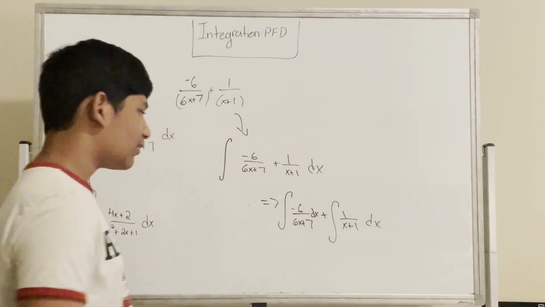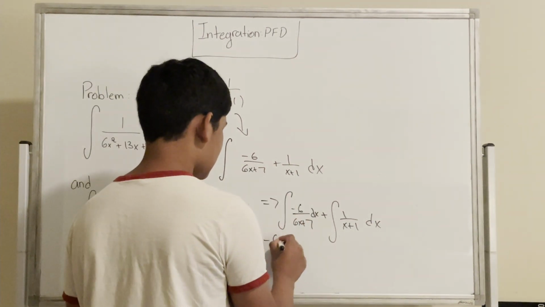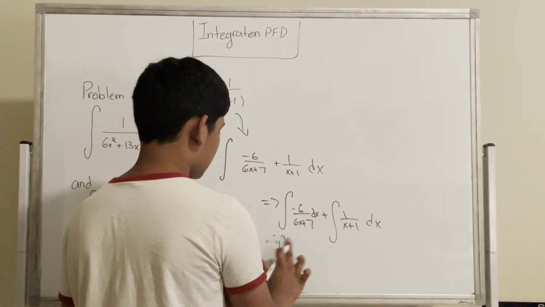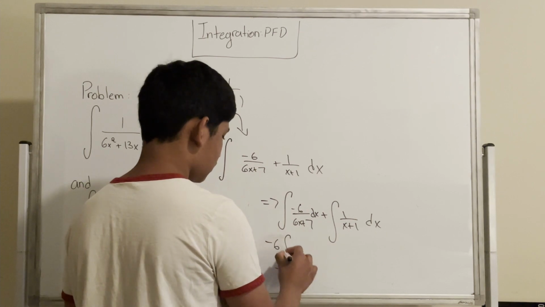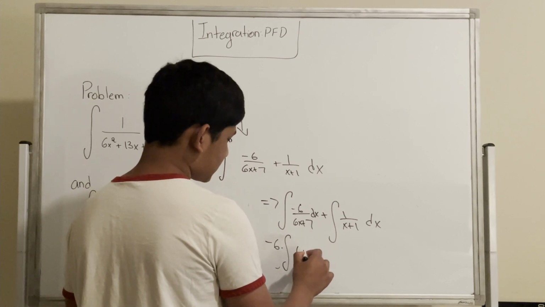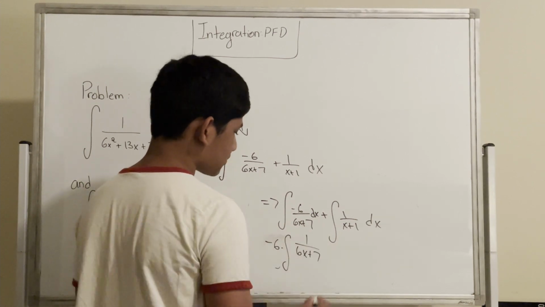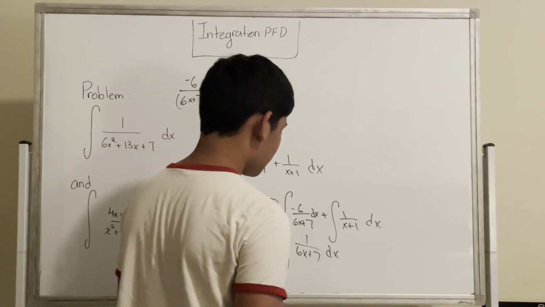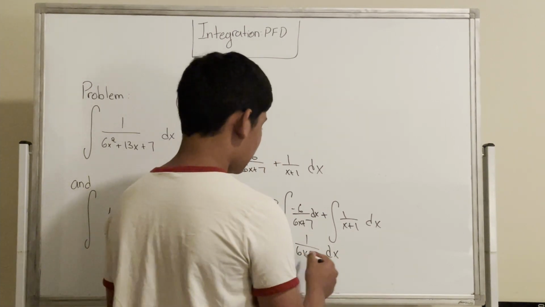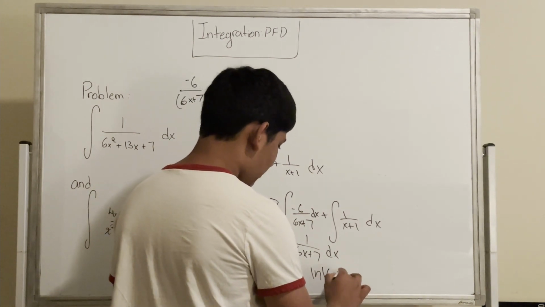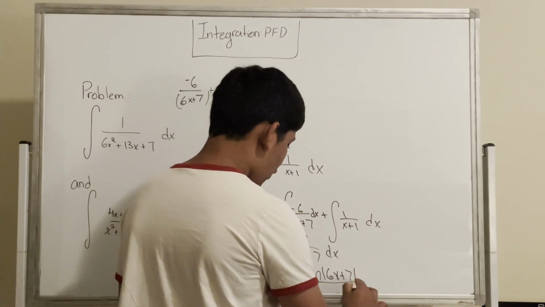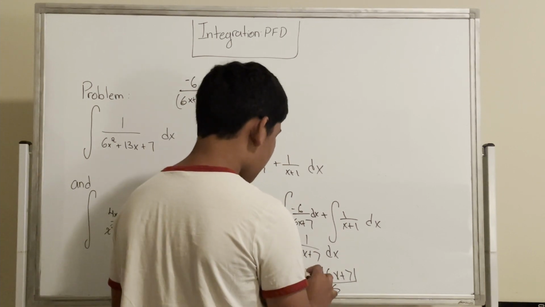Now these are equal to each other. And as you can see, if we factor out, we get minus 6 times the integral of 1 over 6x plus 7 dx. And if we integrate this, we get the natural log of 6x plus 7 all over 6, multiplied by minus 6.